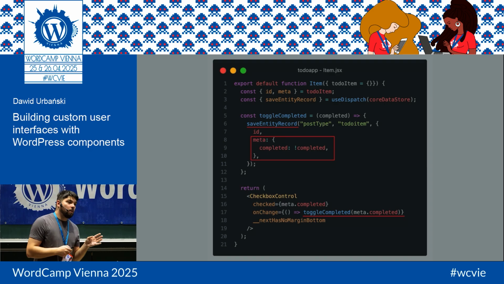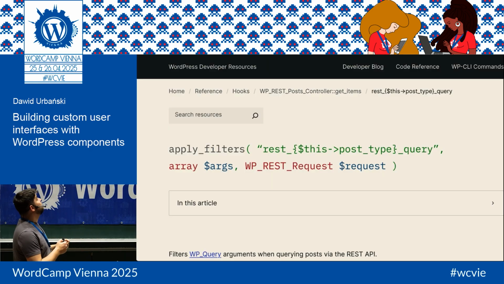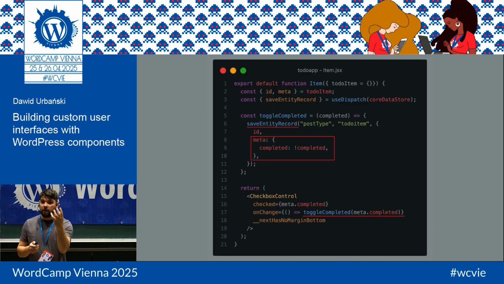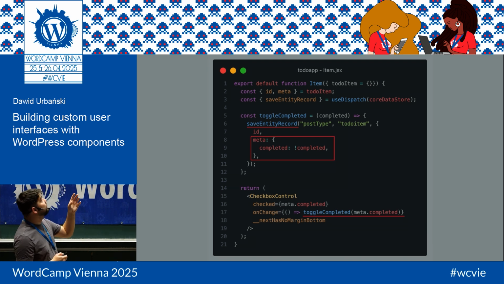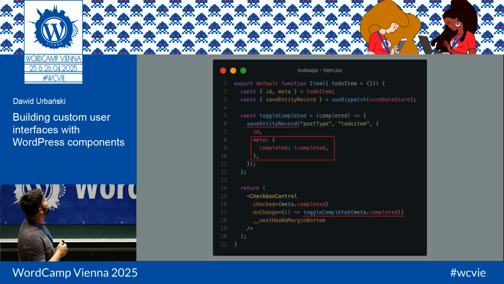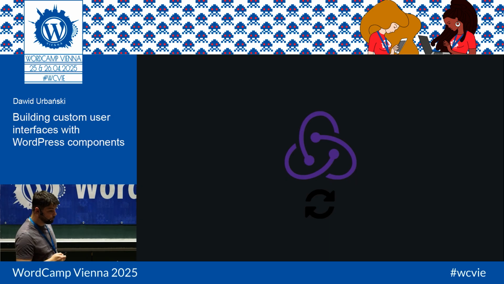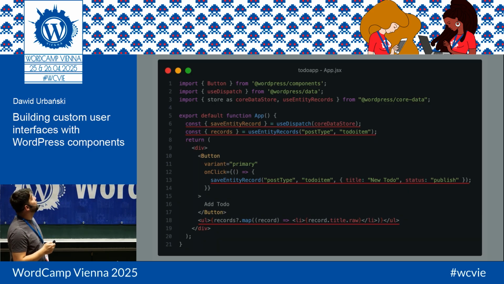There's one caveat here. As far as saveEntityRecord accepts meta objects, so you can update meta fields of a post with saveEntityRecord, when you try to retrieve them again with useEntityRecords, this won't support filtering by meta fields.